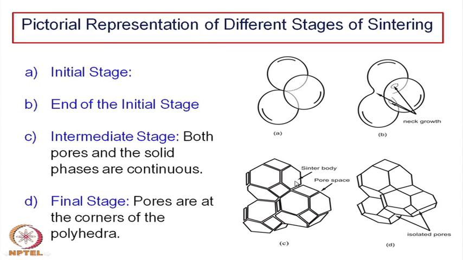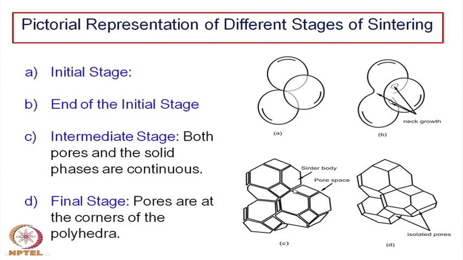Ideally one can have a dodecahedral configuration, but such an ideal situation does not really take place. We get different forms of polyhedra, and the pores, the interstitial spaces between these particles, are now distributed mostly along the grain boundaries.